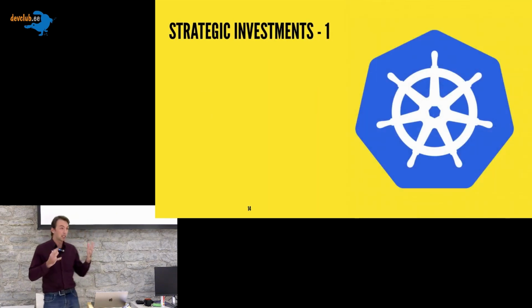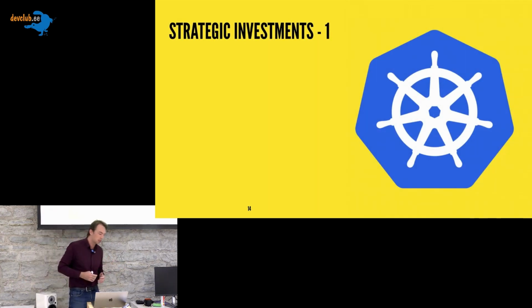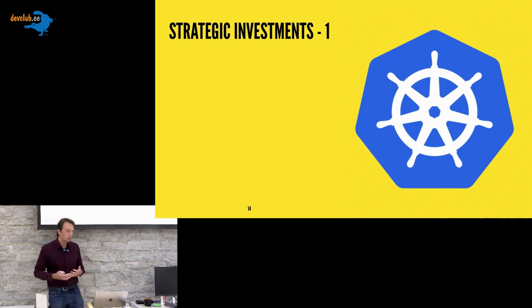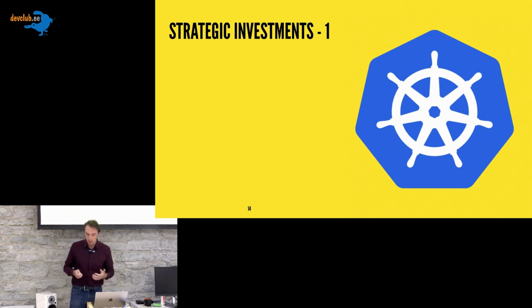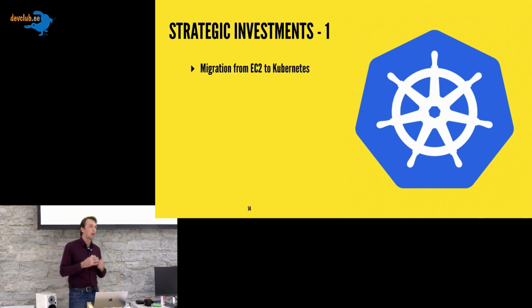Okay, a couple of examples. Like I said, strategic investments and cost efficiency. Strategic investments first. Several examples to show what I'm talking about. The first example is the migration to Kubernetes. At Bolt, all the backend services used to run on EC2 machines. At the inception of Bolt, it was efficient, but not anymore. We're over-provisioning the resources. It is not flexible. When we have spikes in delivery, it's very hard to scale.